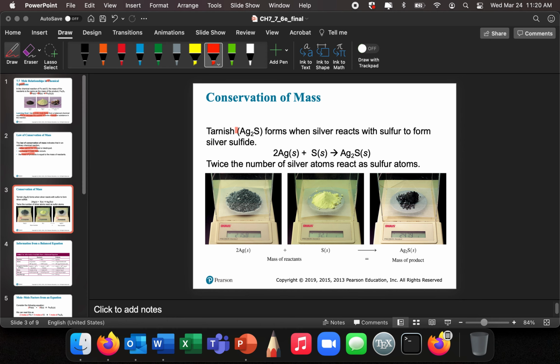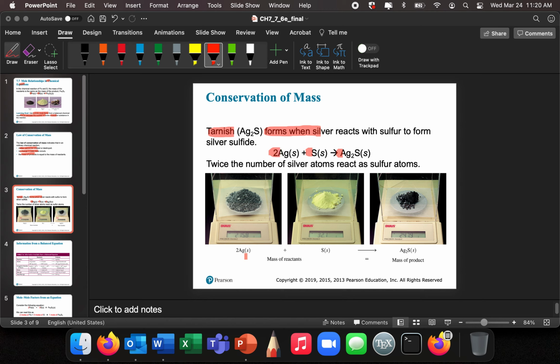So let's look here. Tarnish forms when silver reacts with sulfur to form silver sulfide, okay? So you have 2 moles of silver and 1 mole of sulfur giving you silver sulfide.